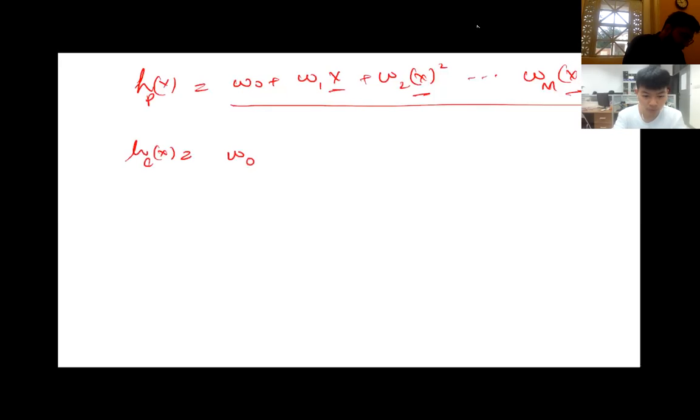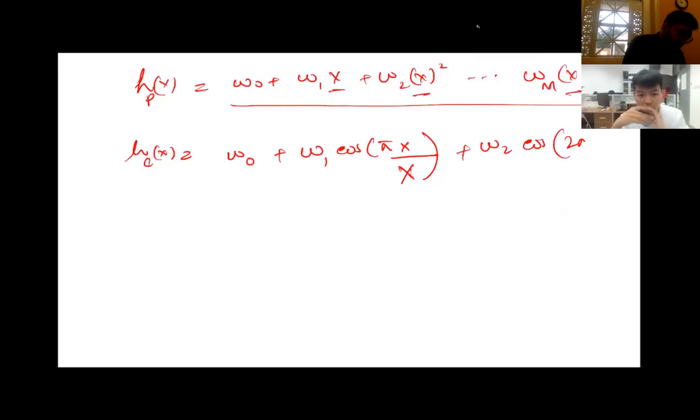This would be w0 plus w1 cos of pi x by x, plus w2 cos of 2 pi x by x, and so on up to wm cos of m pi x by x.